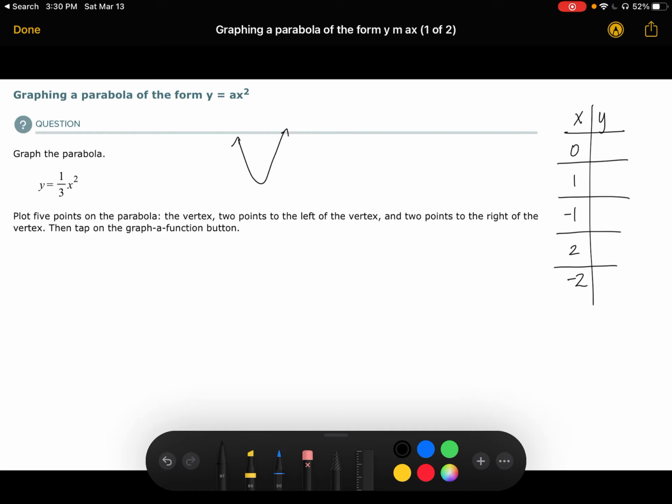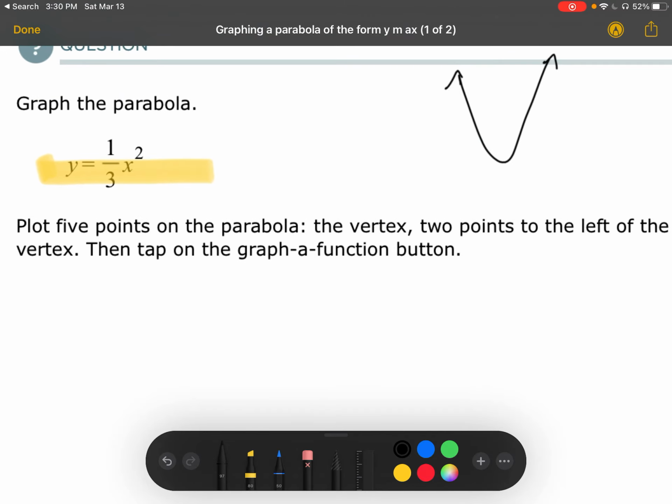When you start this, the first thing you do is look at your equation. Your equation is y equals 1/3 x squared. This is going to give you that shape; it's just a matter of where exactly on the graph it's going to be.